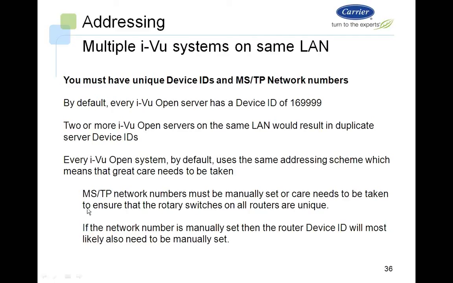Given that every iView Open system is going to use the same auto addressing scheme, if you have two or more systems on the same overall corporate LAN, then you will need to take that into consideration when doing the addressing of your routers and also the addressing of the servers.